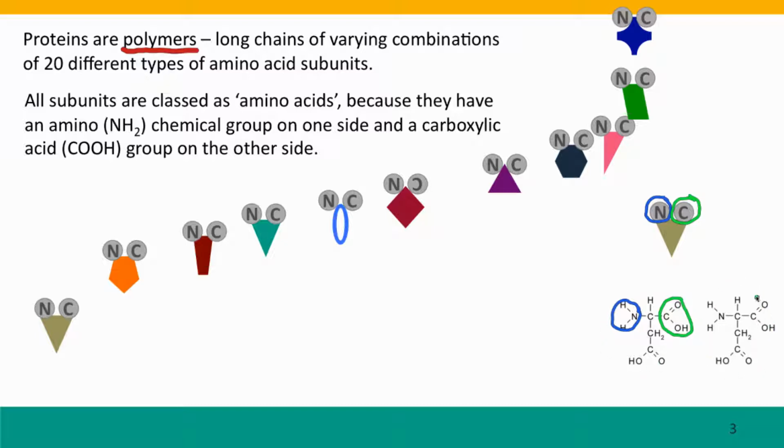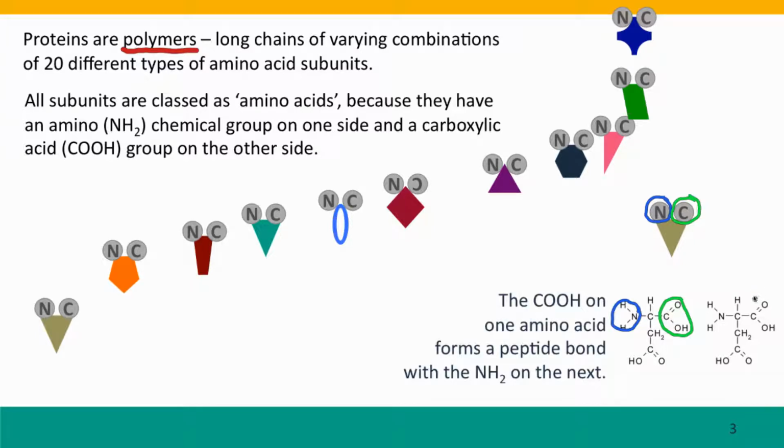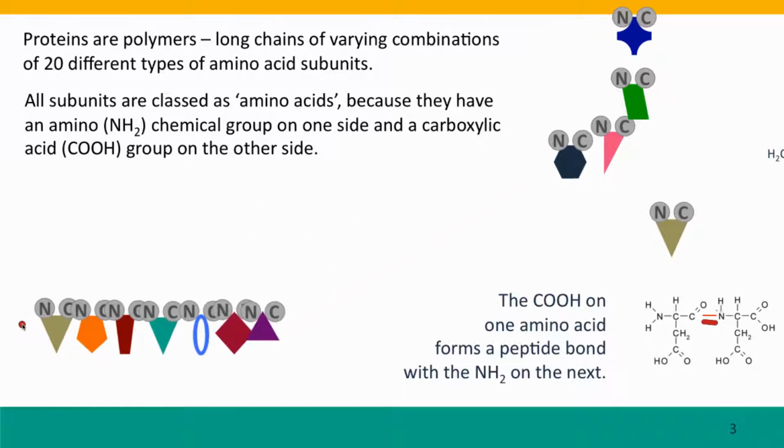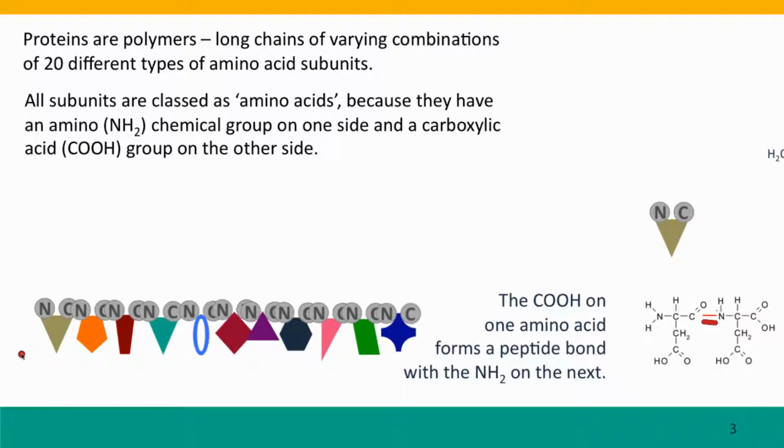There's another amino acid. Now, the amino acids are held together by bonds called peptide bonds, and they're formed when the carboxyl group of one amino acid forms a bond with the amino group of an adjacent amino acid, like that. And there's your peptide bond. So this happens sequentially, starting at one end, so there's an N terminus that's free, and then all the subunits are assembled.